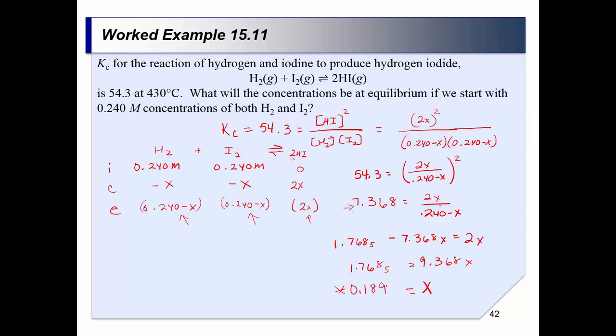And so I subtract from 0.240, I subtract 0.189, and I have an equilibrium concentration of hydrogen of 0.051, and that is also the equilibrium concentration of my iodine. Now, the concentration of HI, however, is 2 times 0.189, so the concentration of HI equals 0.378. Now, all of these are capital M molar.